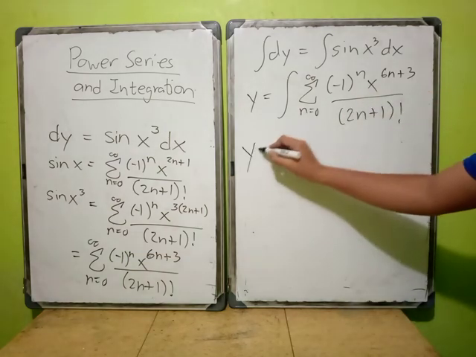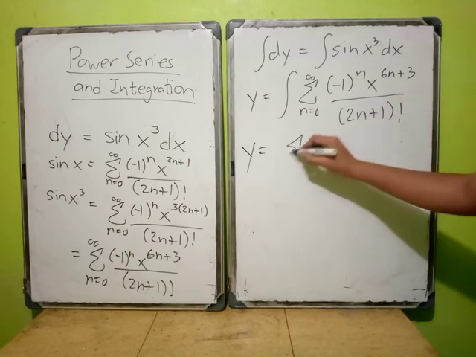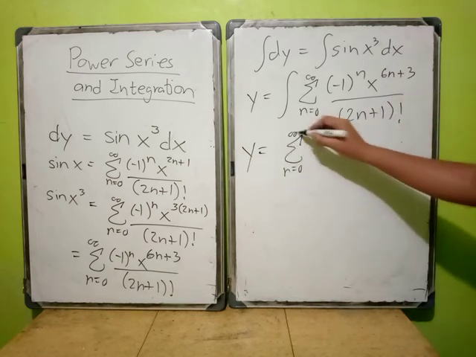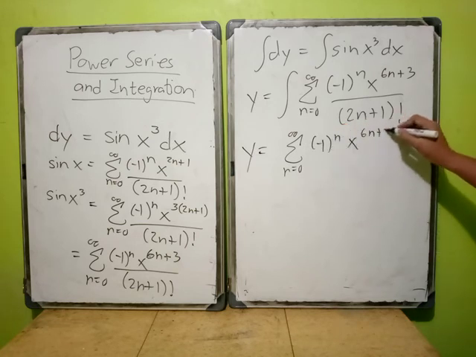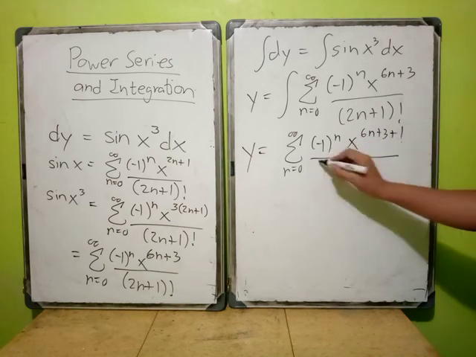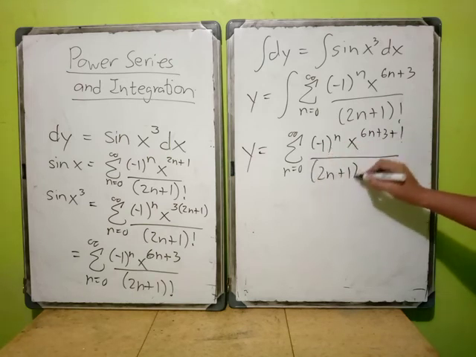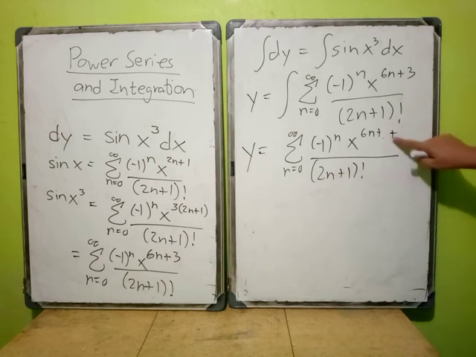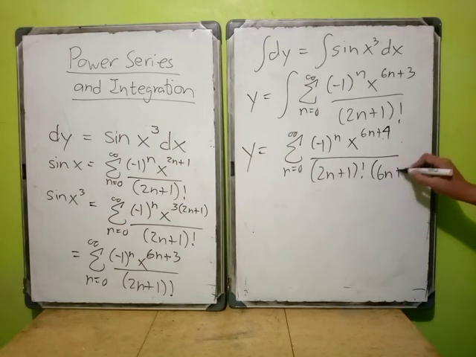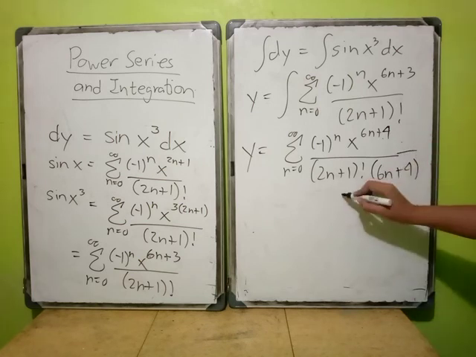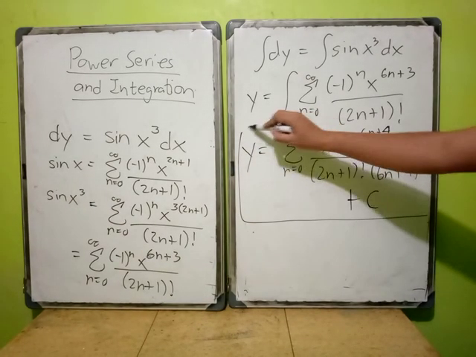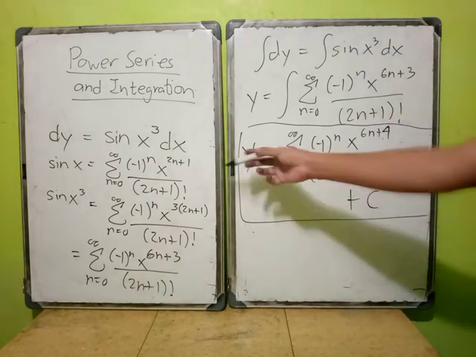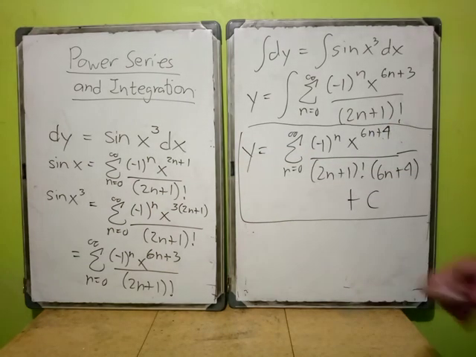Therefore, it will become the sum from n equals 0 to infinity of negative 1 to the n, x to the 6n plus 3 plus 1 over 2n plus 1 factorial, so 6n plus 4 rather, so we make it shorter, times 6n plus 4, plus c. This is your answer already, the solution in terms of a power series.